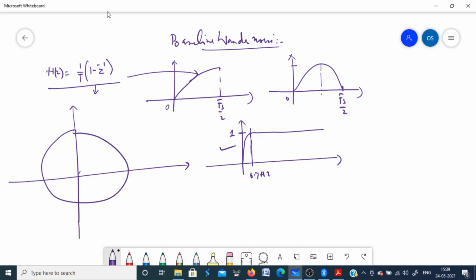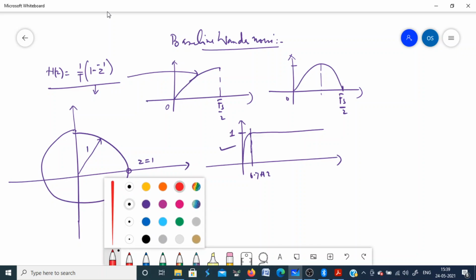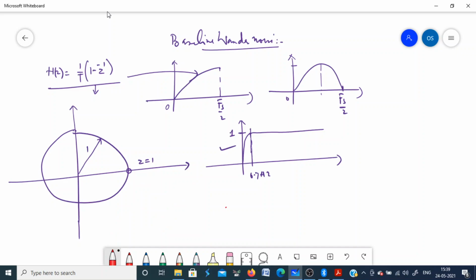so this is my unit circle, and you have a 0 at z is equal to 1. Okay. If I place a pole very close to the unit circle, since we want to maintain a constant gain after a cutoff frequency of a very low frequency, suppose up to 0.7 or 1 Hertz, the gain has to be boosted.